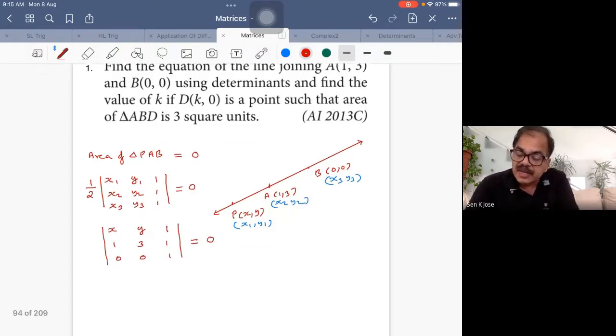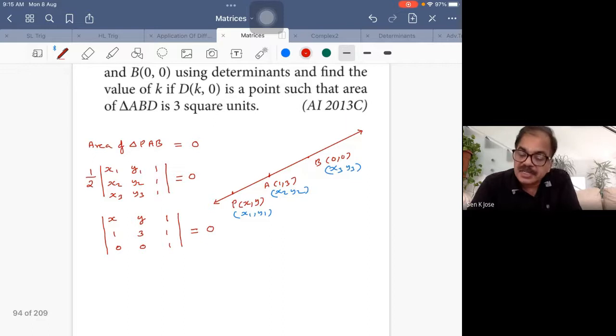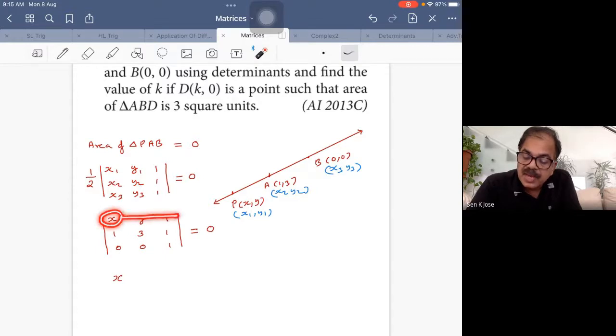Now we expand it, normal determinant evaluation. So I write x into its minor. What is the minor of x? Delete the row and the column it belongs to. You can see 4 different numbers that form its minor. You can do it in your head, or you can show the minor: 3, 1, 0, 1.